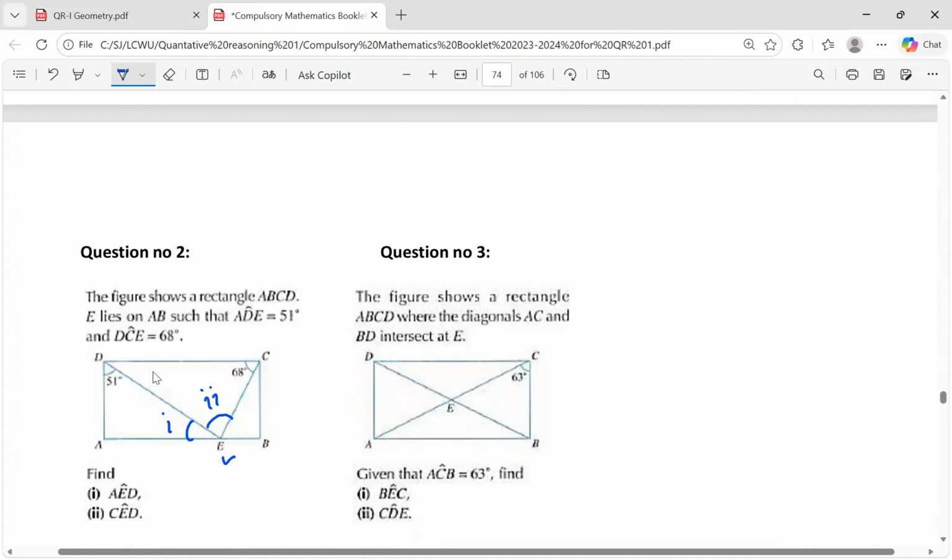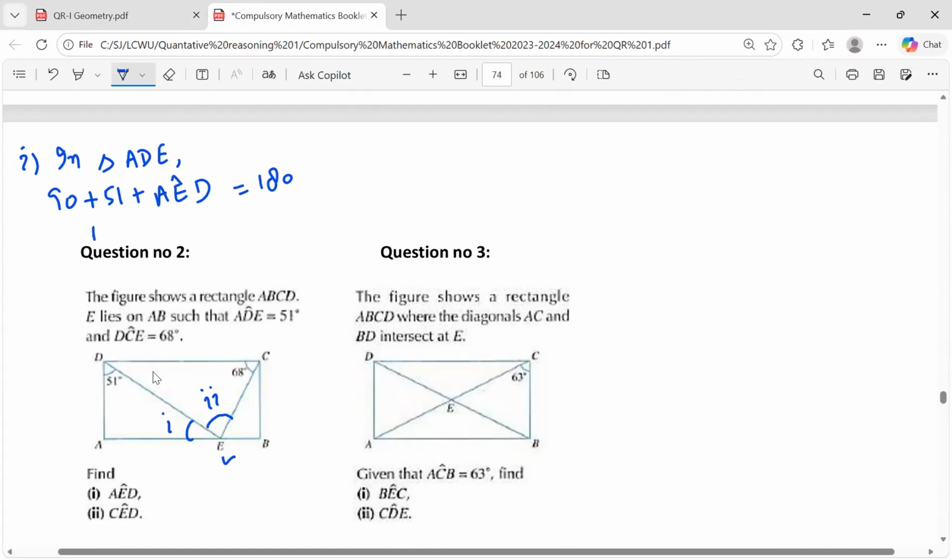For the first part, we'll consider triangle ADE. The sum of three angles of a triangle is equal to 180 degrees. So angle A is 90 degrees, plus 51 degrees, plus angle AED, is equal to 180 degrees.